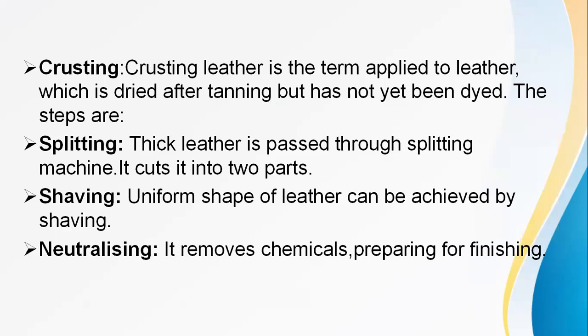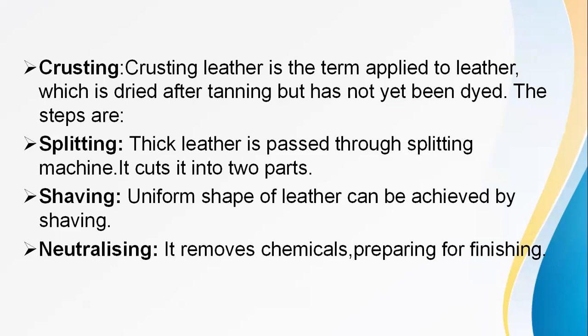Crusting, the third part. Crusting leather is the term applied to leather which is dried after tanning but has not been dyed. The steps are splitting. Thick leather is passed through a splitting machine. It cuts it into two parts. Shaving. What is shaving?